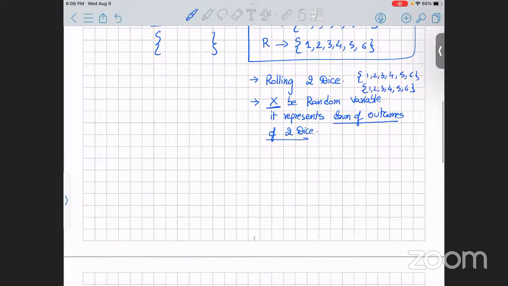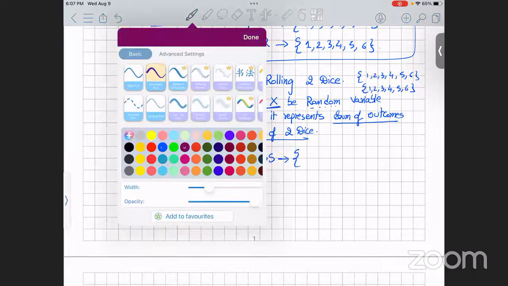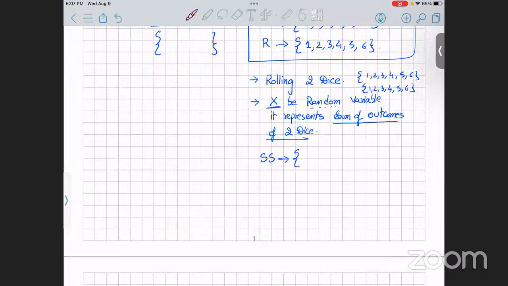So what is the sample space? Can anyone tell? It will be 1 1, 1 2, 1 3. No, listen carefully. What is the random variable? It will be 2 to 12.